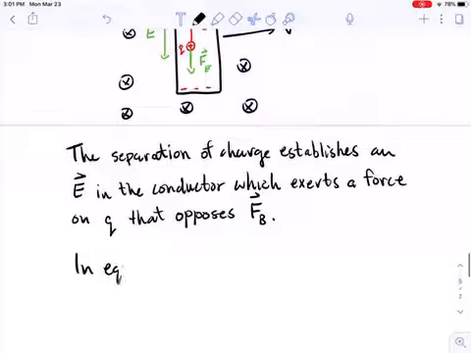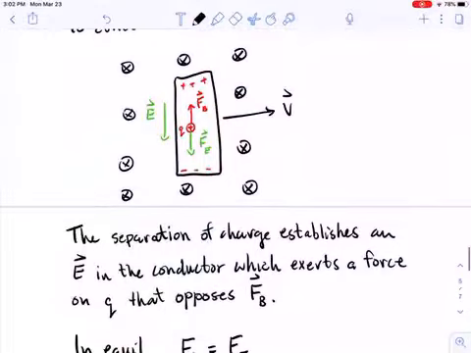In equilibrium, we require that the magnitude of the magnetic force and the magnitude of the electric force balance each other out. When that happens, then we'll end up with a potential difference across our conductor that doesn't change, provided we keep pulling our conductor with this constant velocity v.